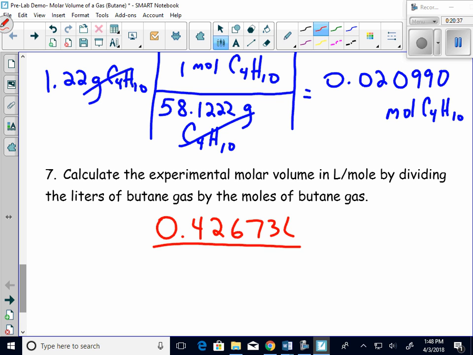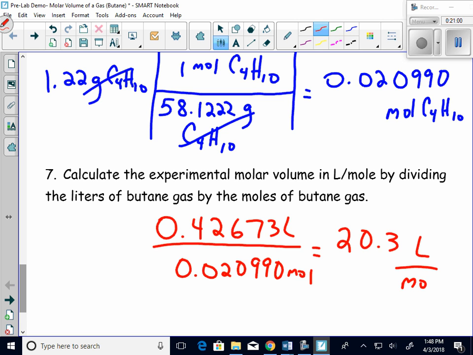What were my moles? 0.020990. So when I calculate that, I'm going to put it into 3 significant figures. I get 20.3 liters per mole.